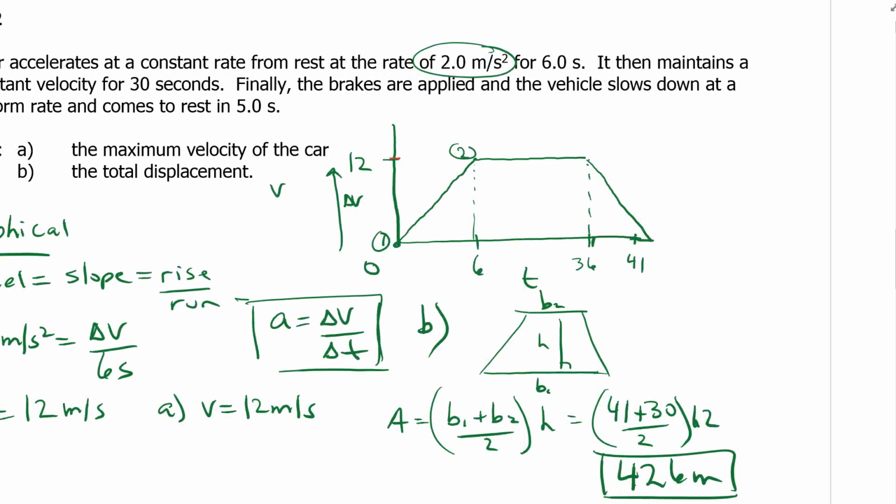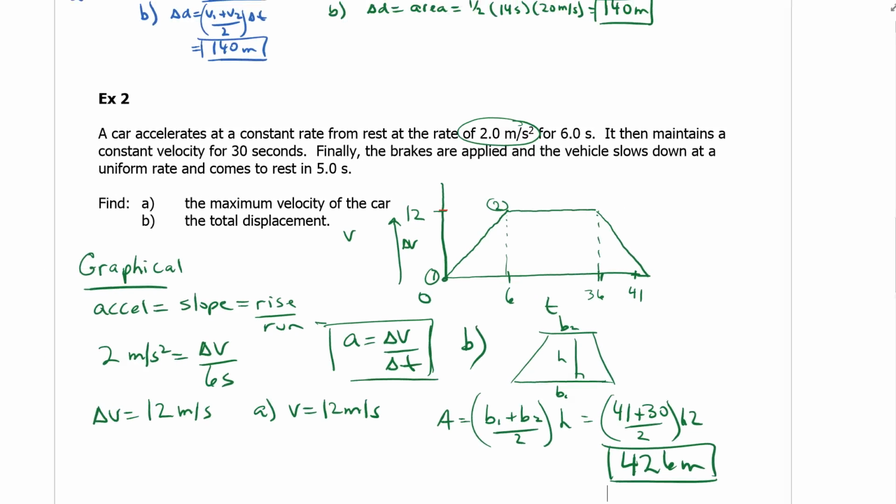Now, had I done this using the formula method, I would be solving for delta D. I would say here is my initial segment, my beginning and my end, and I would use the big 5.